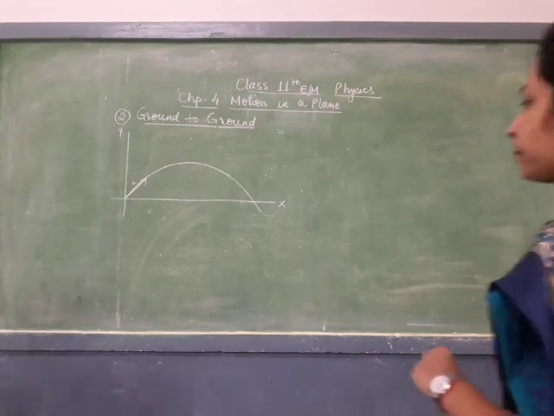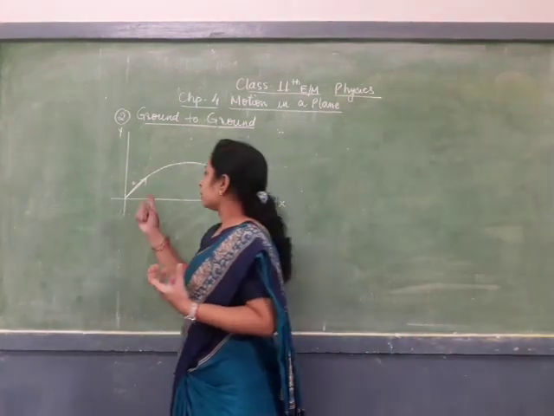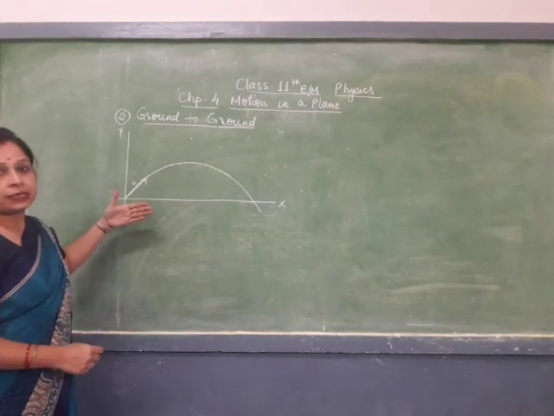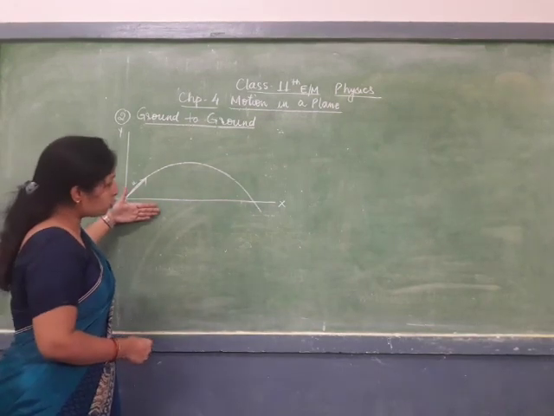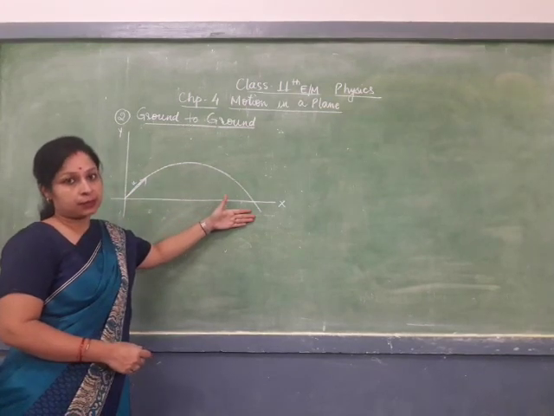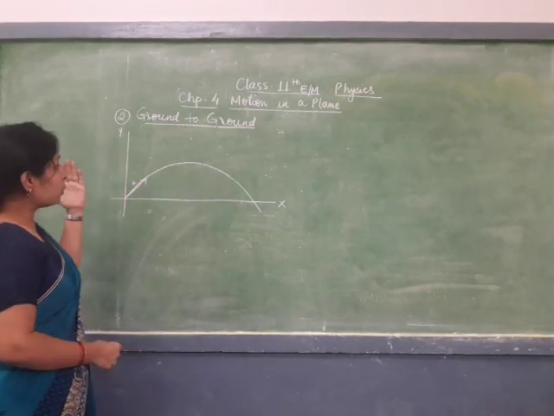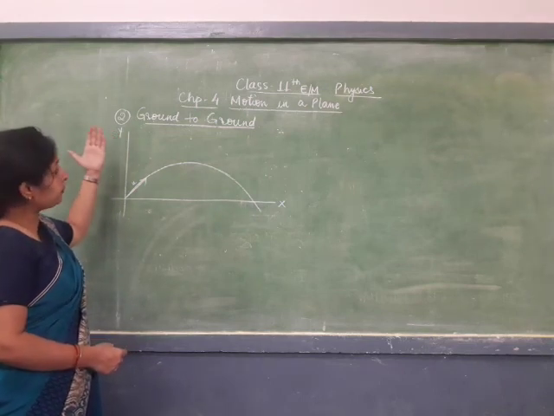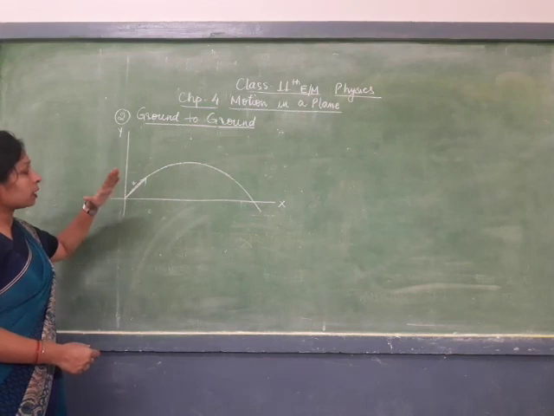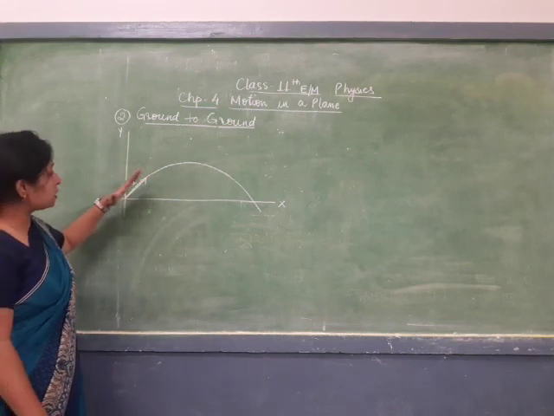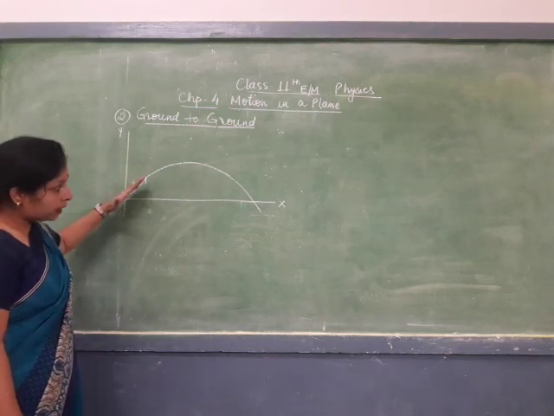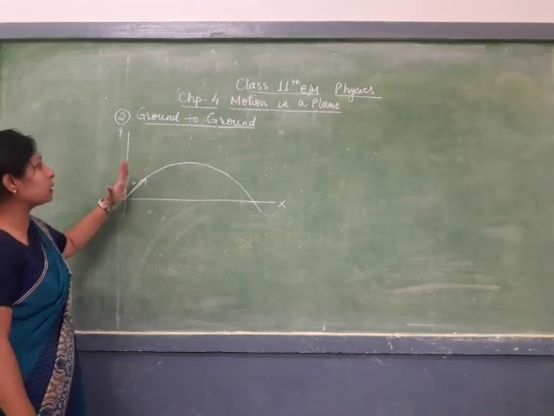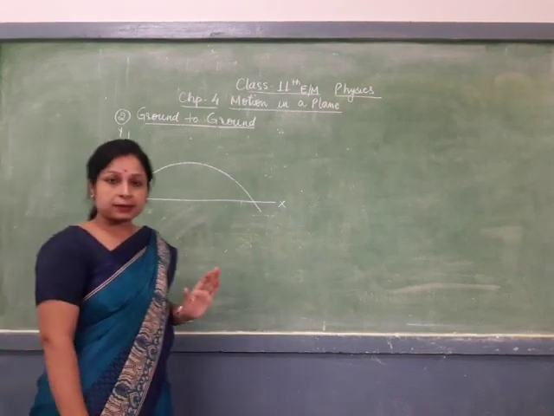In this case, as we had discussed, the initial velocity is u. If you are considering horizontal motion, you always have to consider the x-axis. If you are taking vertical motion, you have to consider the y-axis. In this case, the initial velocity of the object is in the upward direction, but it is not exactly towards the x-axis or totally towards the y-axis.